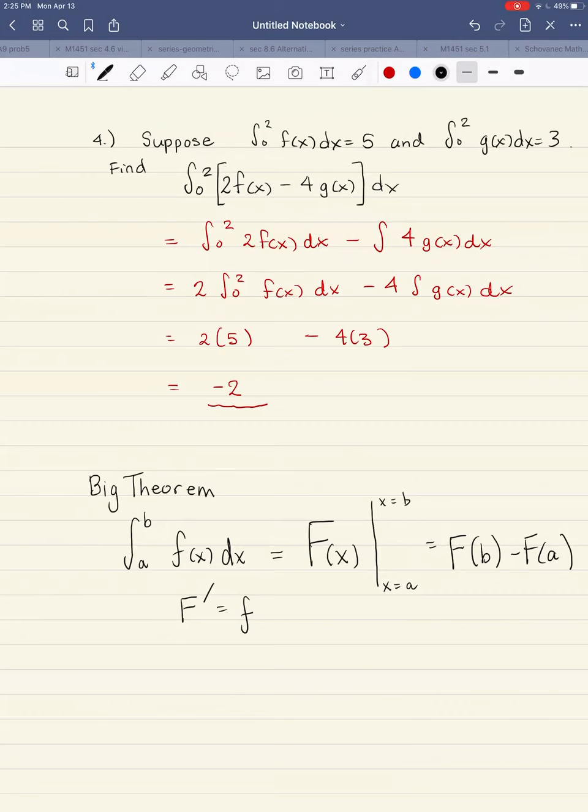For instance, if f is velocity, then its antiderivative is position, and this would represent the total change in position, or the displacement of an object. If f measures something, then this is the total change or the sum in the antiderivative of little f.